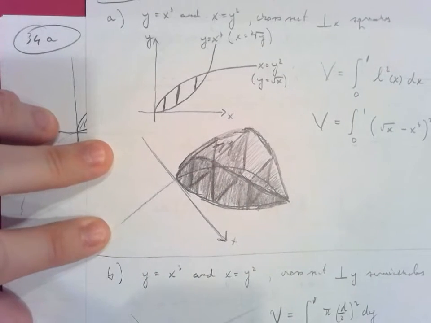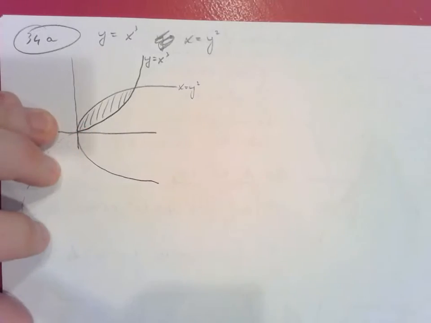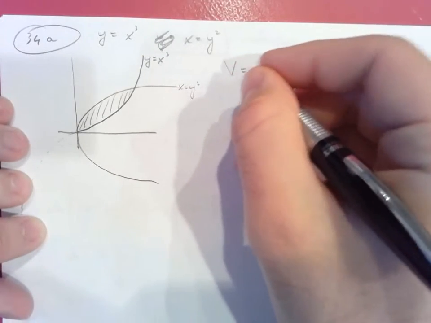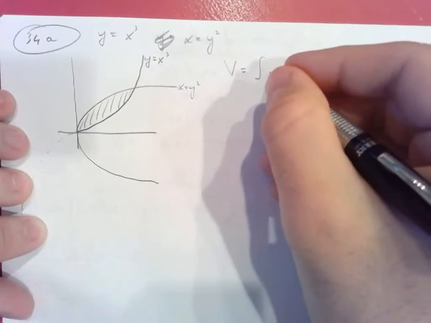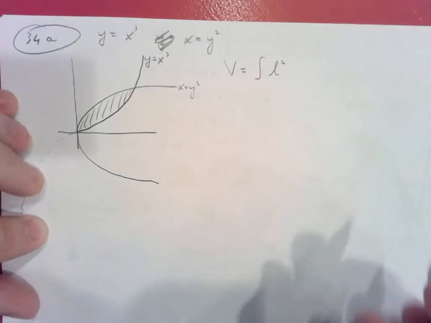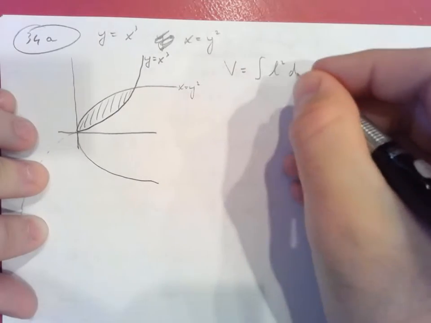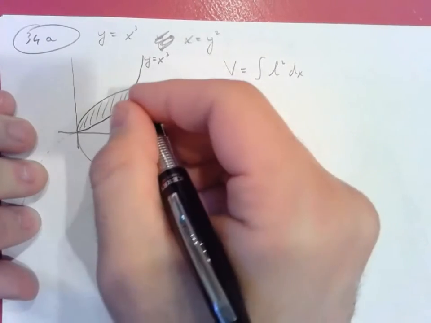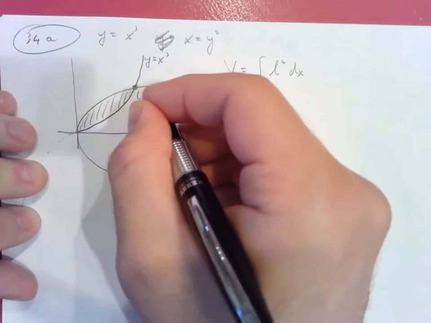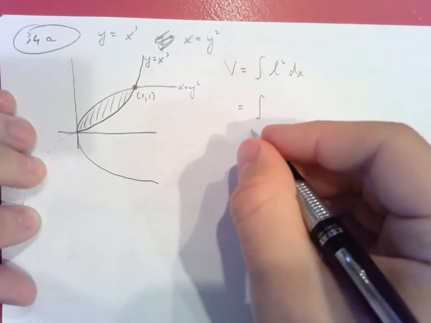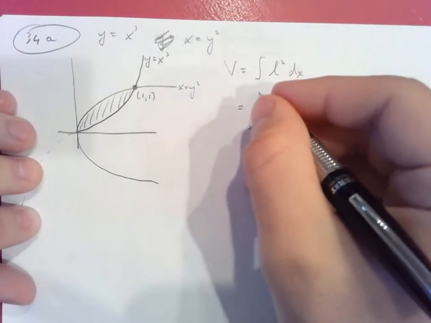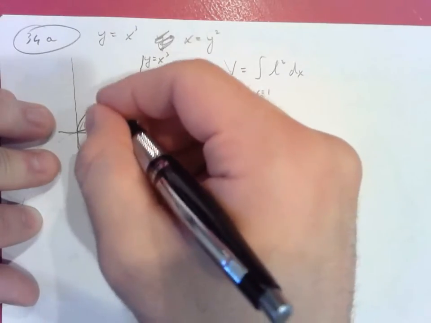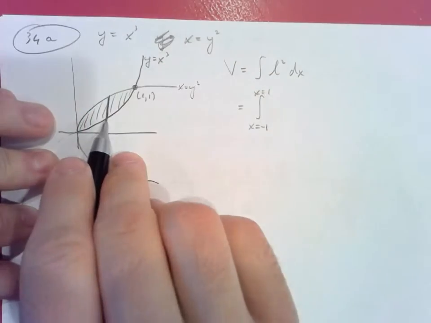So that's the solid that we're looking at, and to compute its volume, because the cross sections are square, I simply integrate the area of the cross section, which is side length squared dx, and the integral is going to go, well, this intersection point is 1, 1, so I go from x equals negative 1 to x equals 1, and the side length is simply top curve minus bottom curve here.